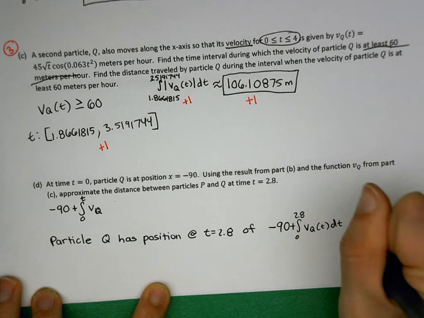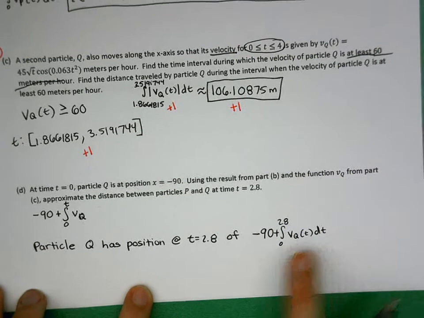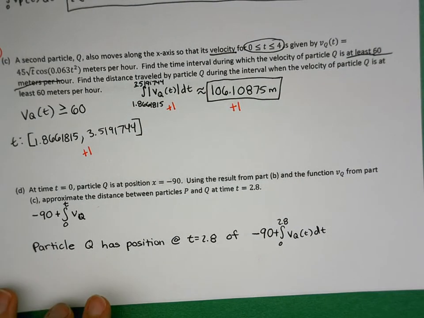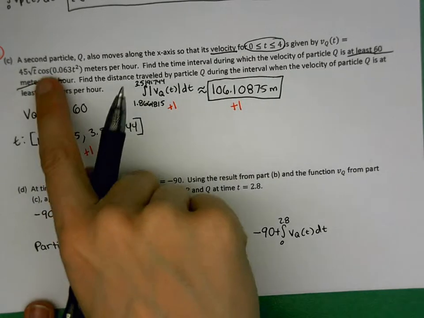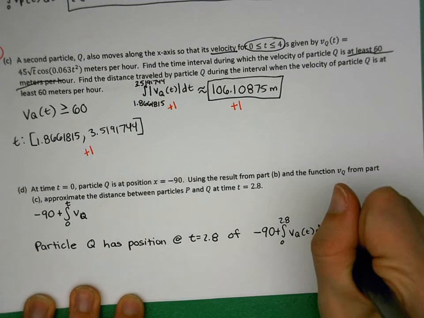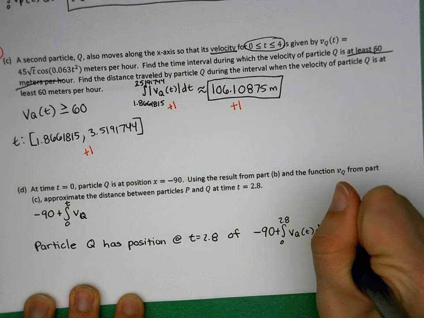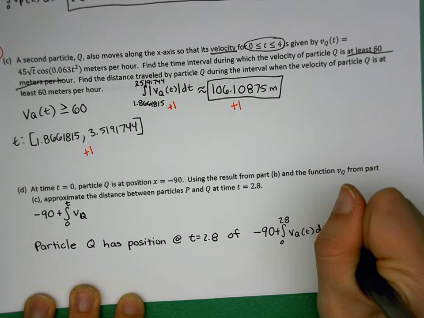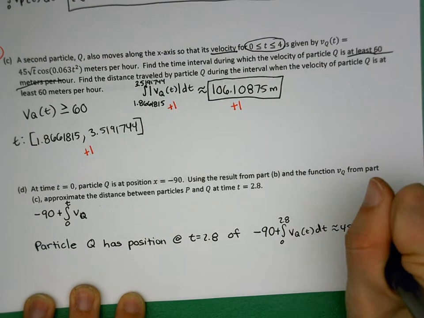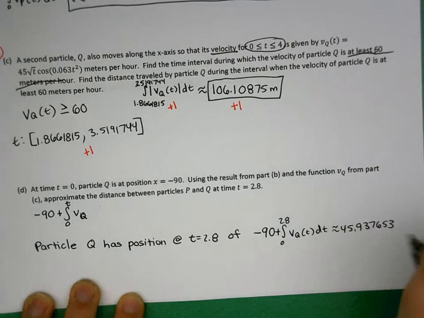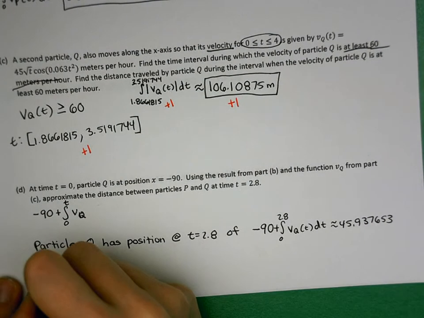And so then I take that and I'd plug it into my calculator. And you'd use your v sub q formula up here, the 45 root t. And when you plug that in, you should get about 45.937653.